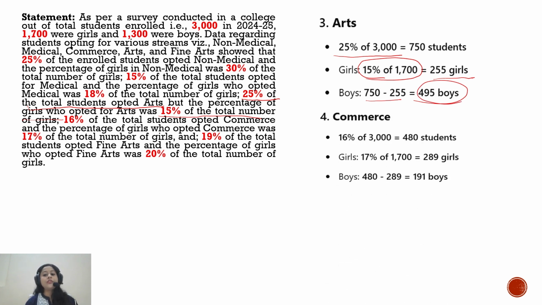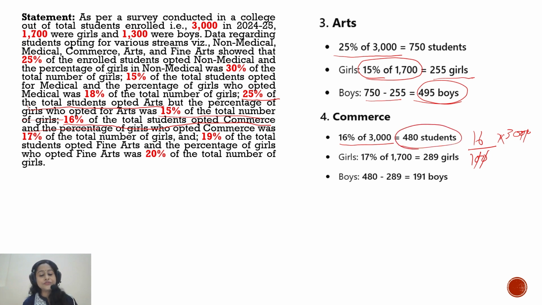Same we will do for commerce. In commerce, it is mentioned that 16% of the total students opted for commerce. So it is 16% of 3000, that is 16 by 100 into 3000, just as we did in the previous case. 16 into 30 will give you 480 students.